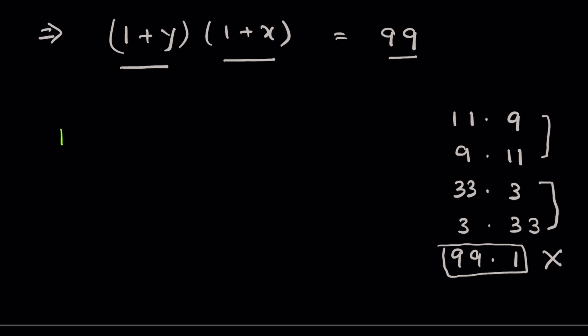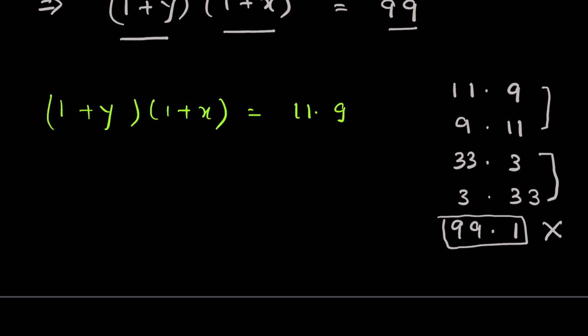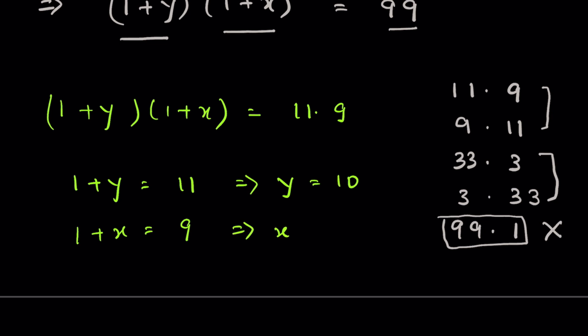So when (1 plus y) times (1 plus x) is equal to 11 times 9, then either 1 plus y is equal to 11 and 1 plus x is equal to 9. In that case y is equal to 10, 11 minus 1 is 10, and x is equal to 9 minus 1, 8.